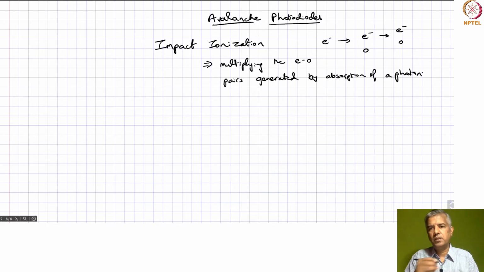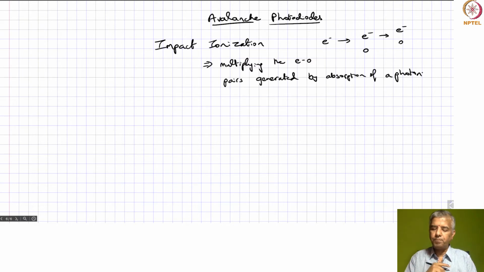So you start with absorption of a photon that generates an electron hole pair, but under intense electric fields that can generate secondary and further electron hole pairs. So there could be a multiplication happening, and that multiplication process can lead to an avalanche, and that's why such photodiodes are called avalanche photodiodes.